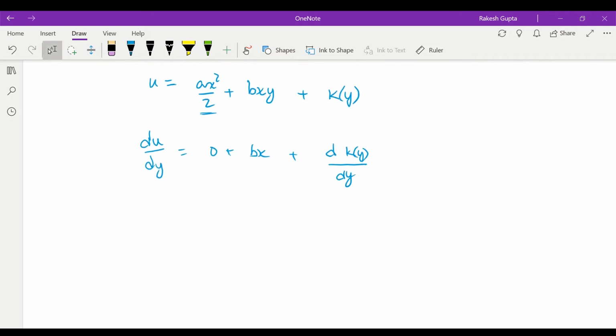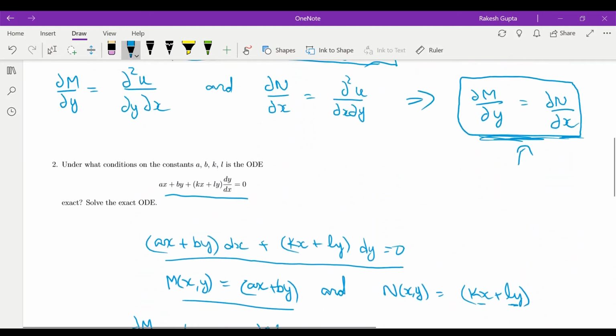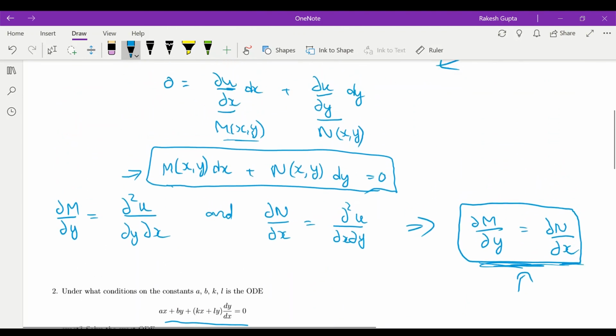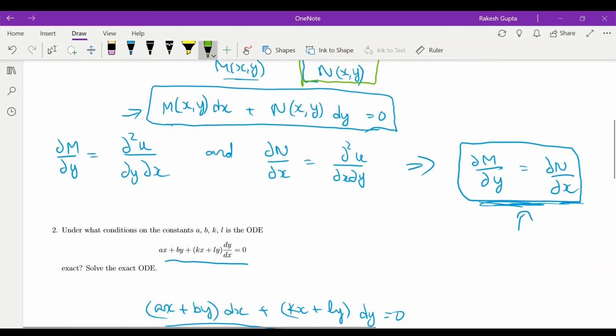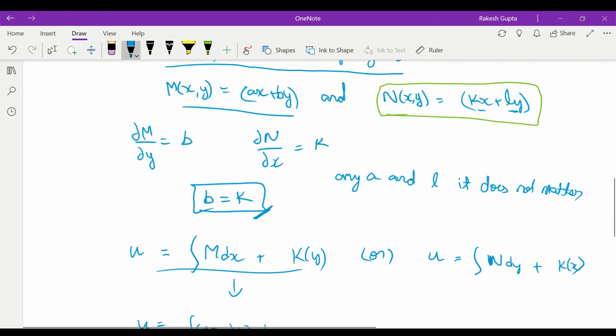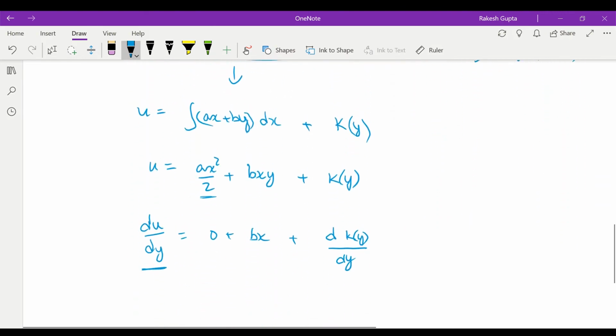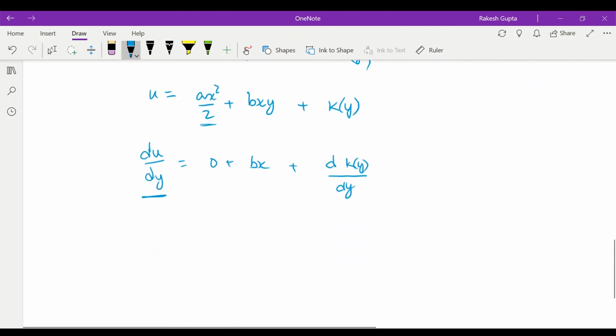So now we know that the differentiation of u with respect to y is nothing but n of x and y, and over here we have n of x and y as this, kx plus ly.